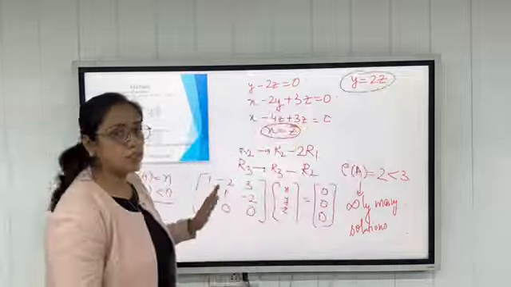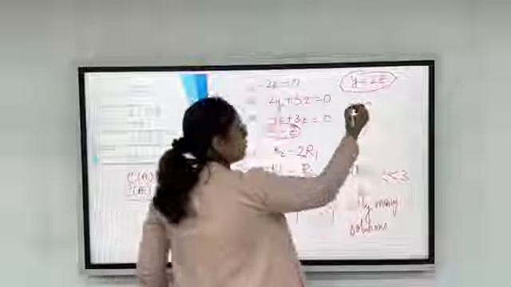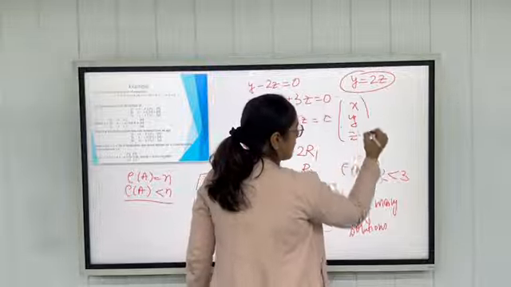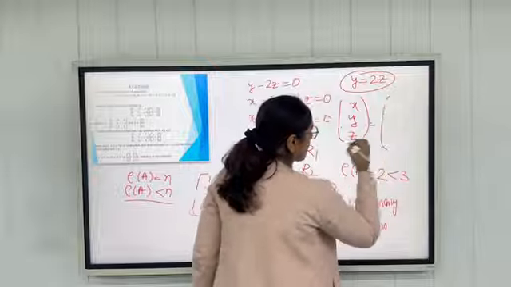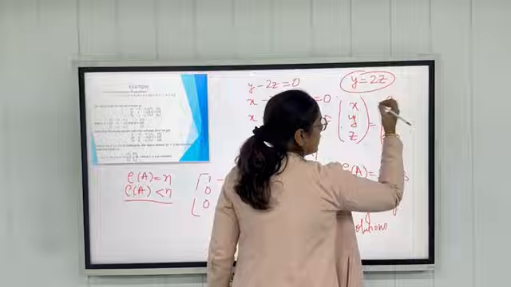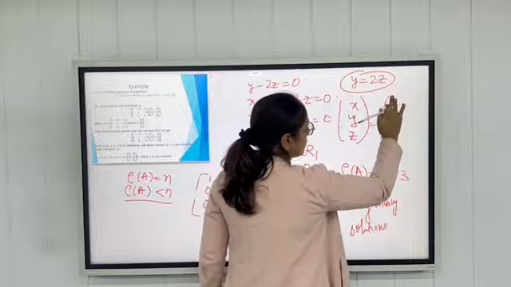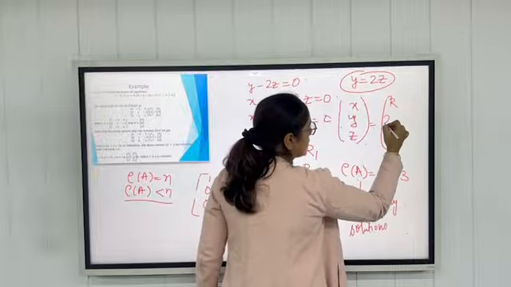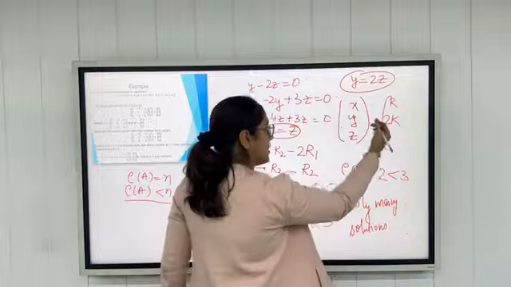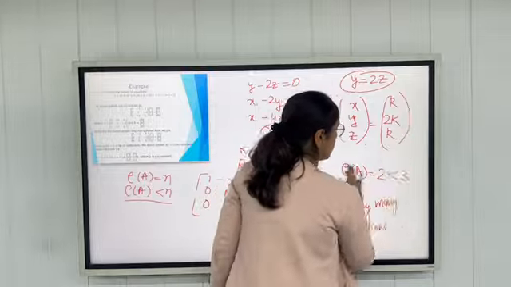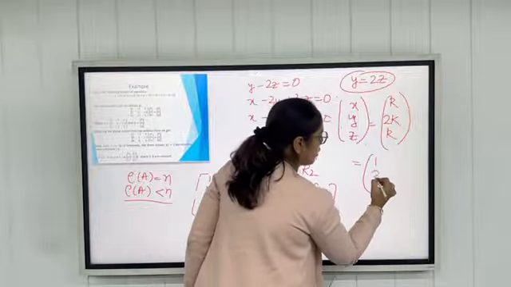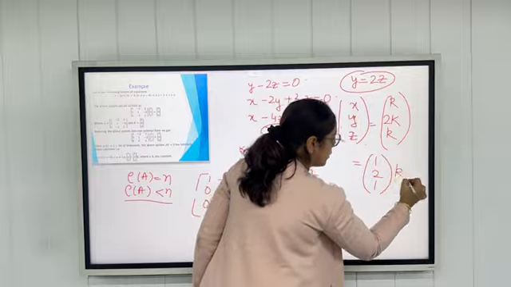If I take z is equal to some constant k, then you will get the unknown vector x, y, z as: x is k, y is 2k, and z is k. So in this case, you will get 1, 2, 1 times k.